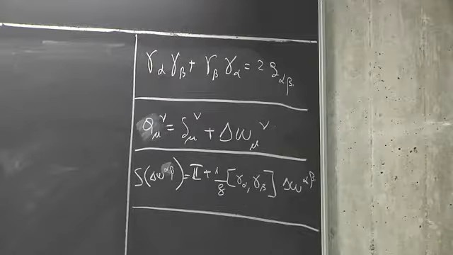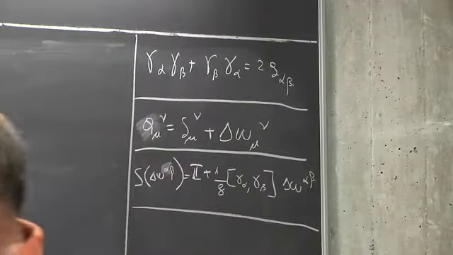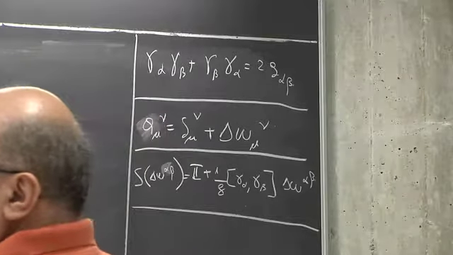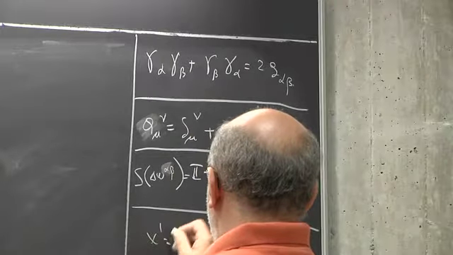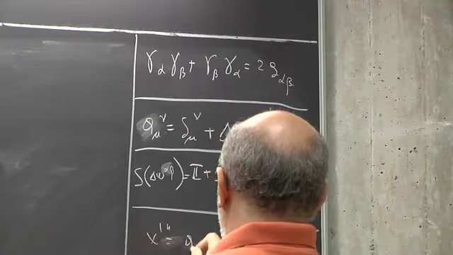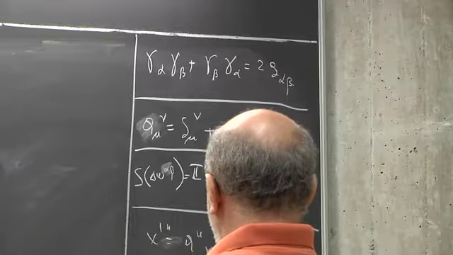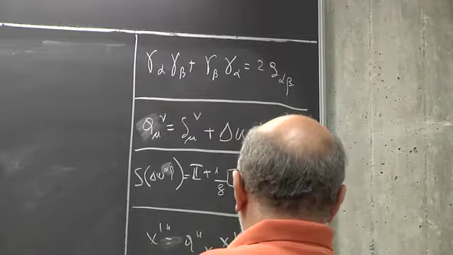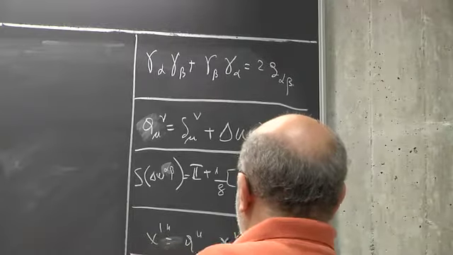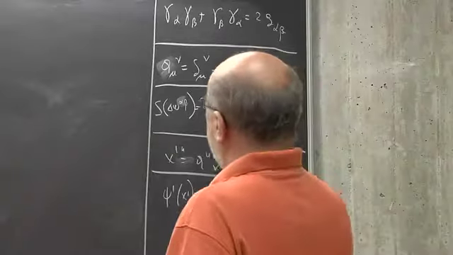Now we have to find the omega AB. What else do we need? No. We can cancel all the rest. Oh, well, of course, we have to remember x prime mu is equal to A mu nu x nu, and we have that psi prime of x prime is equal to S of A psi of x. Okay, this is the space-time transformation, and it goes with this.